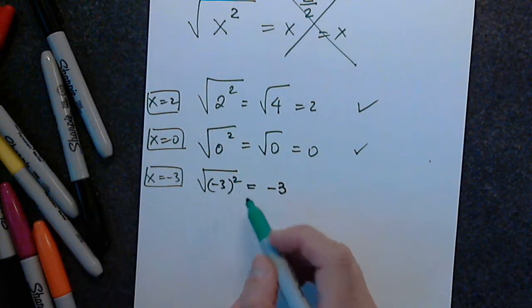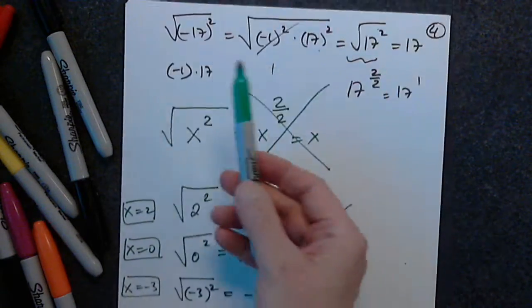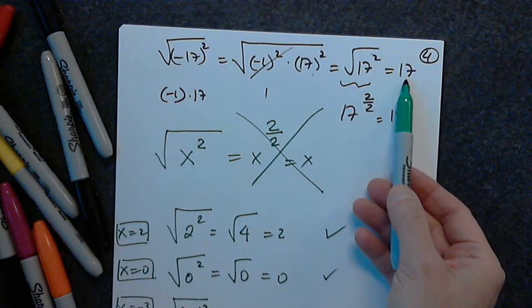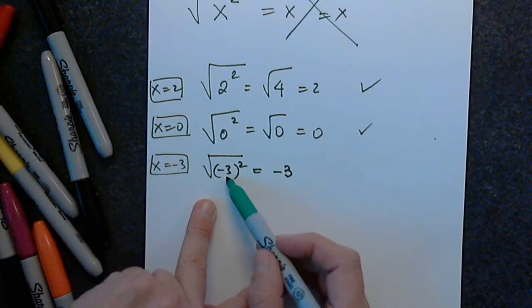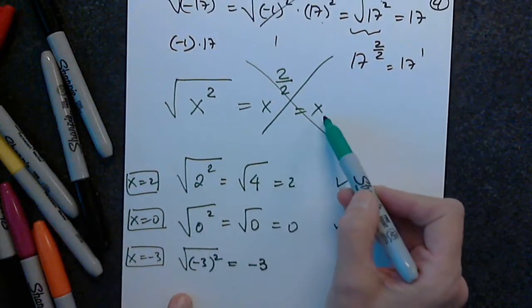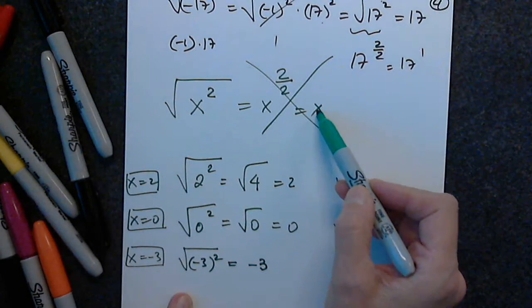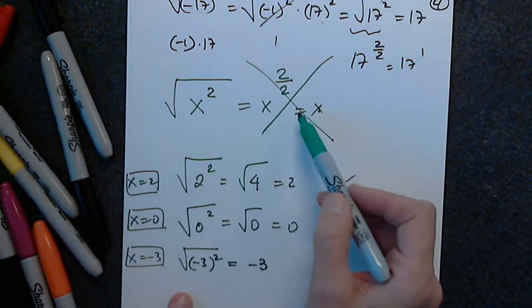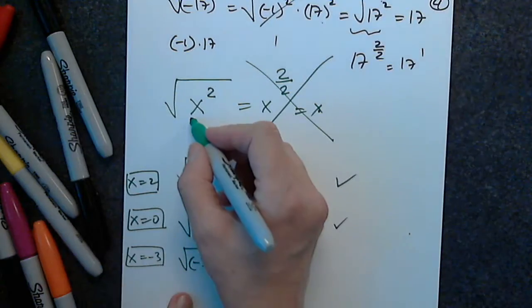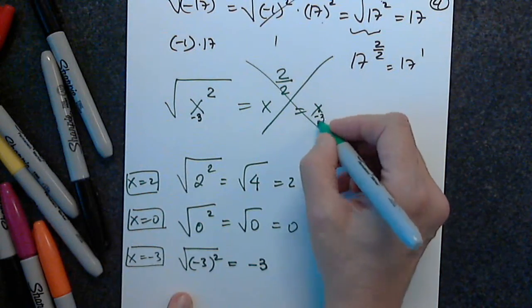Minus 3 to the second? You understand that this will mean it's exactly the same situation. So when I replace x by negative 3, I cannot get negative 3. So the formula, or what we just came up with, is not true. If I replace this by negative 3, I cannot write negative 3 here.